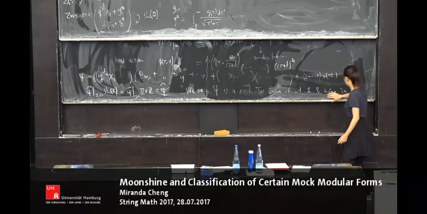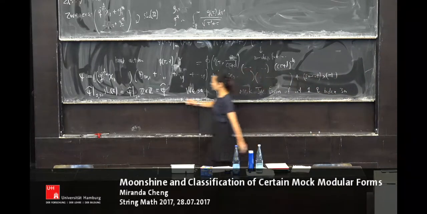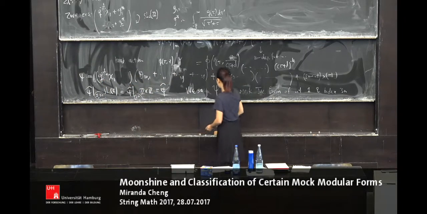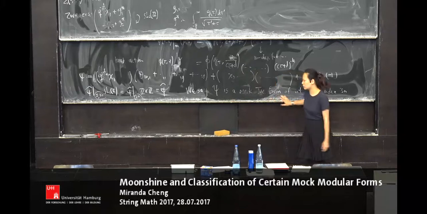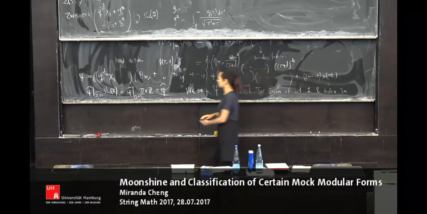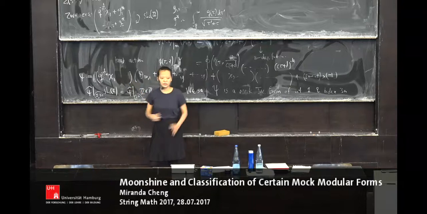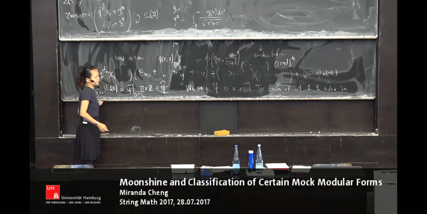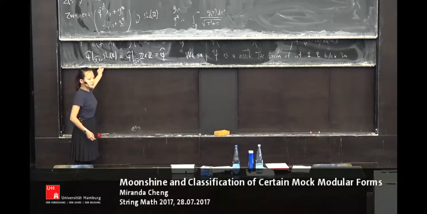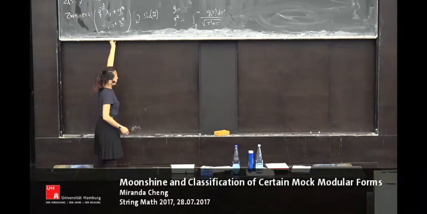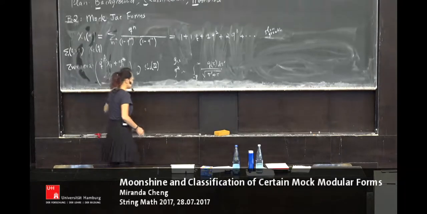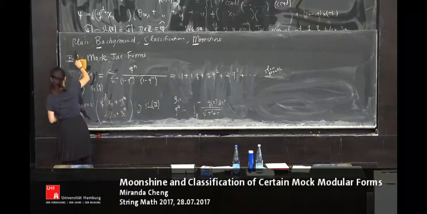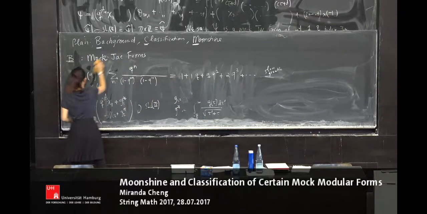So the 1 and 30 clearly come from its transformation property here. Okay? And then to recap, a mock Jacobi form is a function such that if you add in the correction term in a very controlled way, it transforms exactly like a Jacobi form. So that finishes the second part of the background.